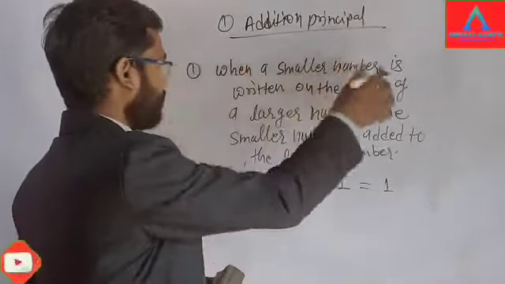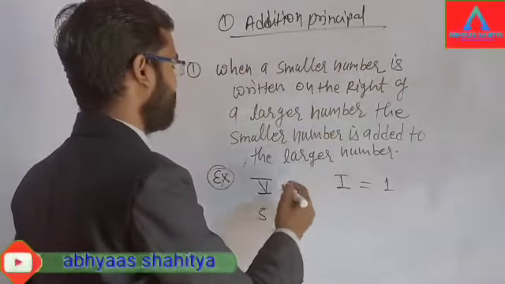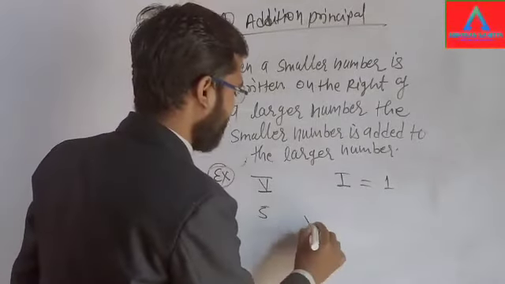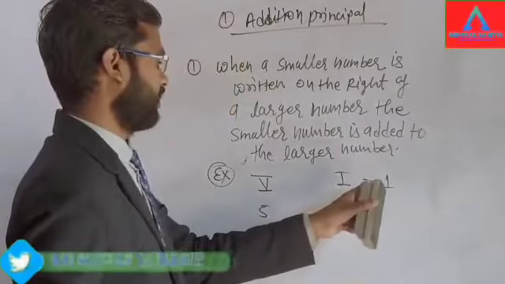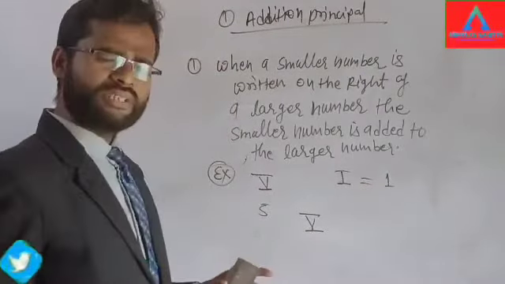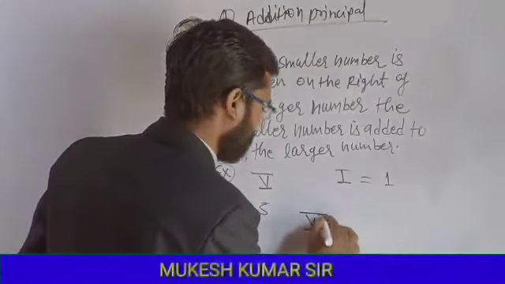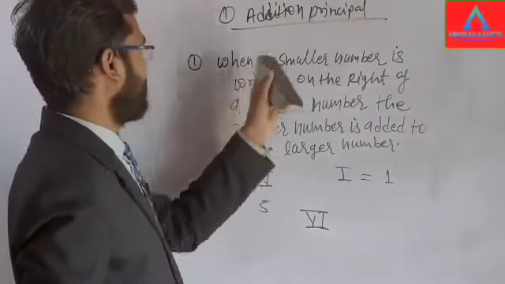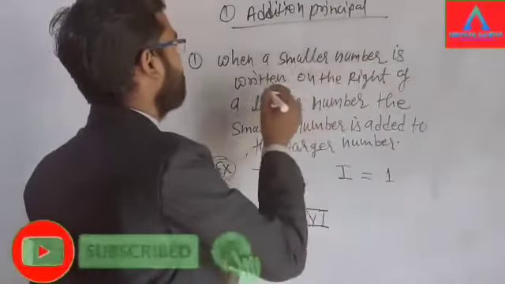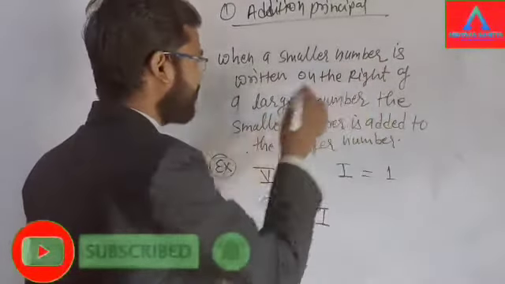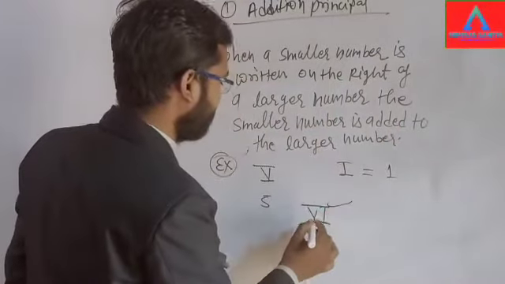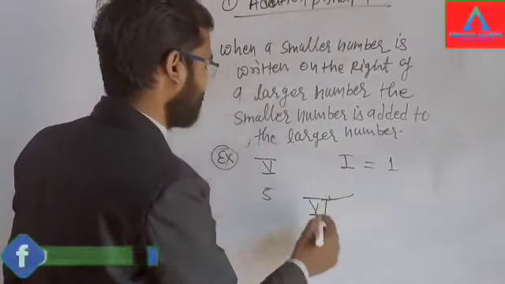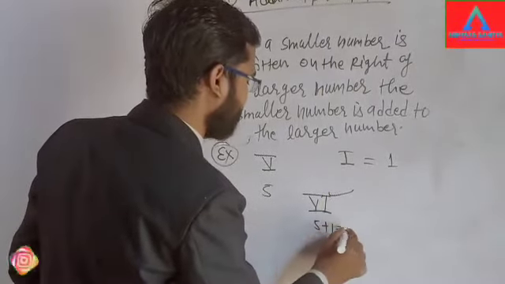According to this definition, if I write a smaller number on the rightmost side of the larger number, V is larger than I, so when I write VI, the smaller number is written on the right of the larger number and is added to it. That means 5 plus 1, that means 6.